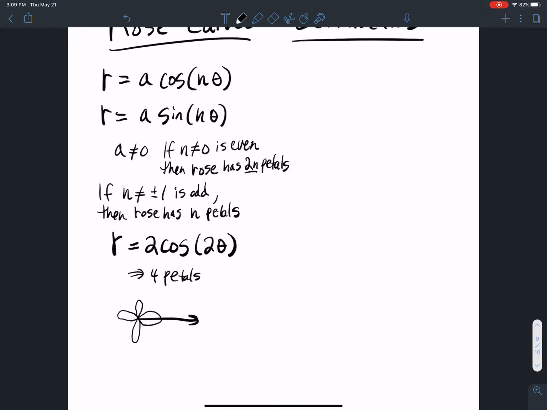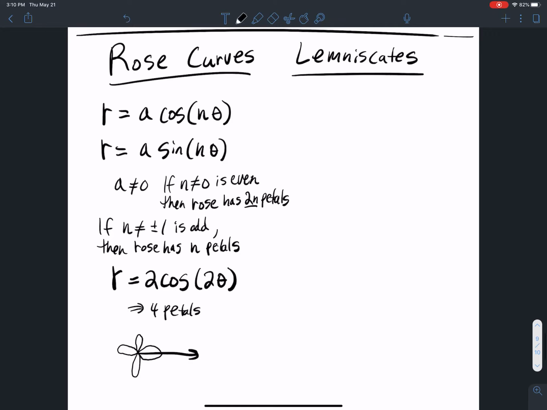Now, the lemniscates, this is r squared equals a squared sine 2 theta, and r squared equals a squared cosine 2 theta, where a is not equal to 0, and have graphs that are propeller shaped.